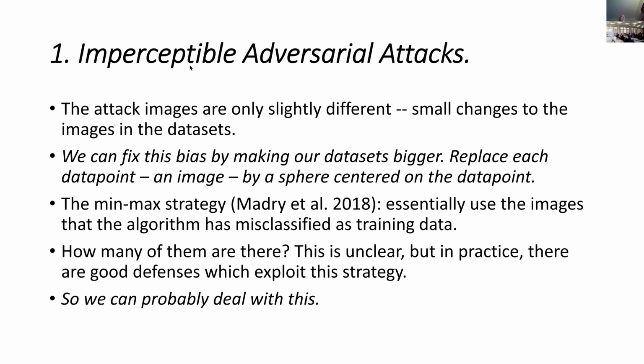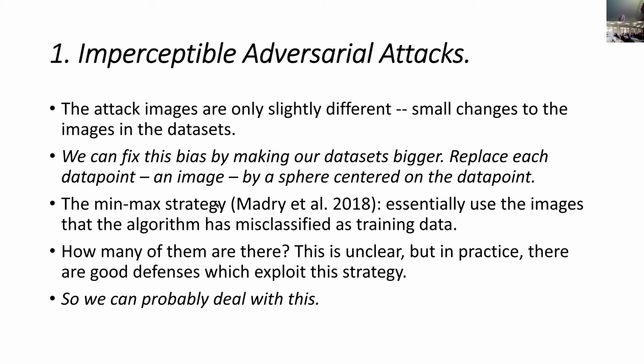Okay, so starting off with imperceptible adversarial attacks. In these cases, the attack images are only slightly different from the real images. They're small changes to the image in the data set. And to some extent, we can fix this bias by making data sets bigger. We replace each data point and image by a sphere of images which are centered on each data point.